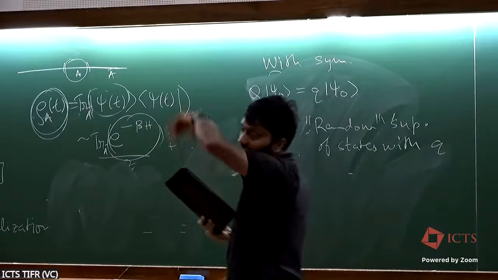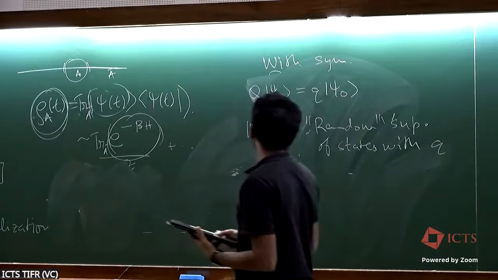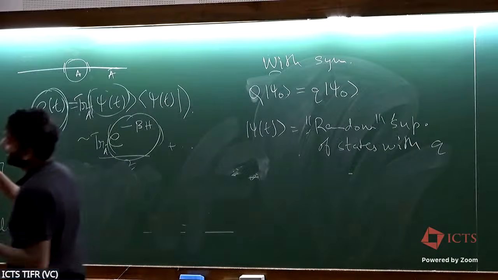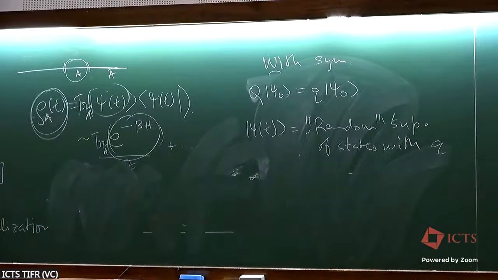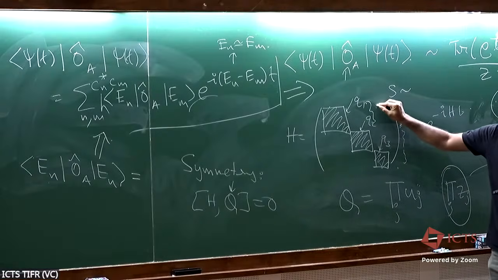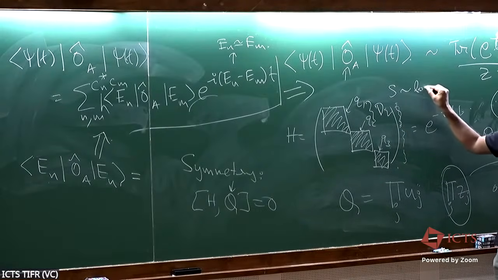And then your entanglement really depends on how many states there are in the spectrum. Typically, if you have a U1 symmetry, each of these states is also kind of big, unless you start with some extremal state. So roughly speaking, the entanglement grows as the log of the Hilbert space dimension of this quantum number sector. Right?